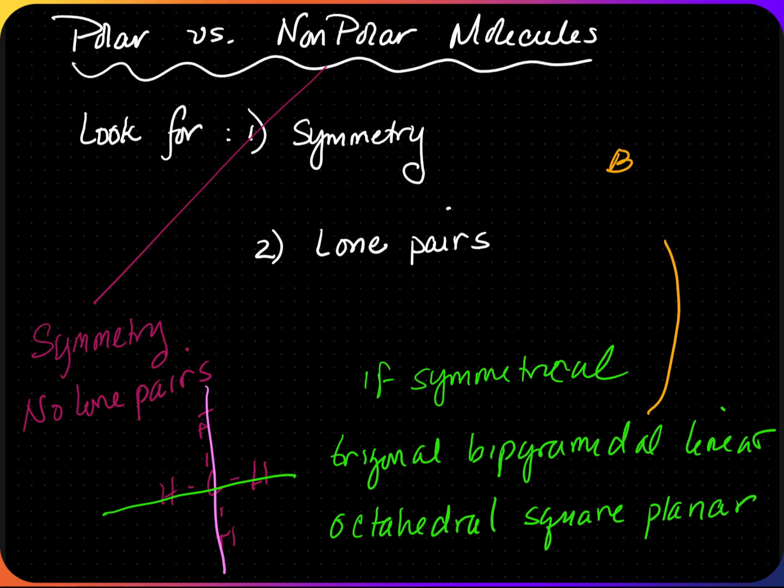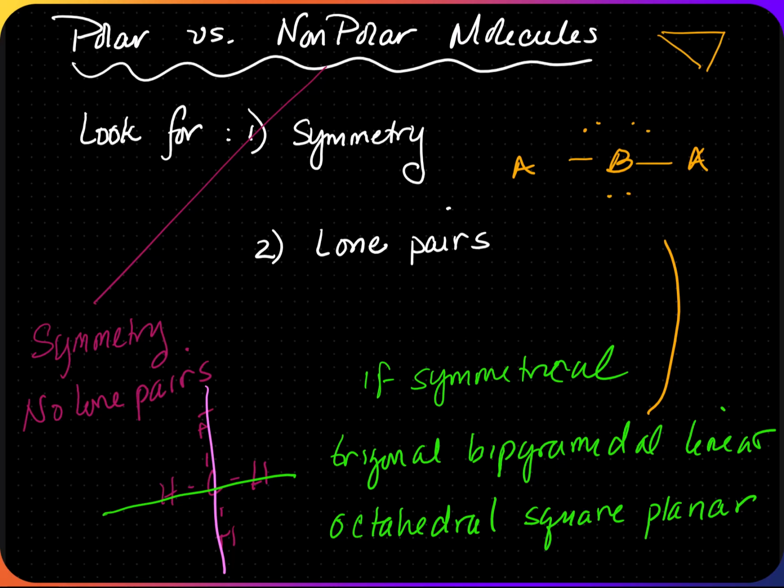We have B, we have elements A, and then we have three sets of lone pairs. The elements in the line go in the opposite direction, so they cancel each other out. The lone pairs make an equilateral triangle, so they cancel each other out.